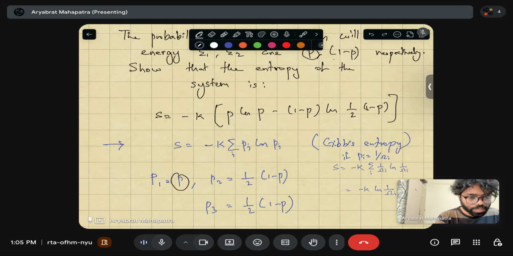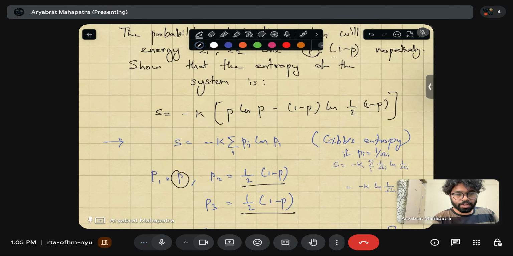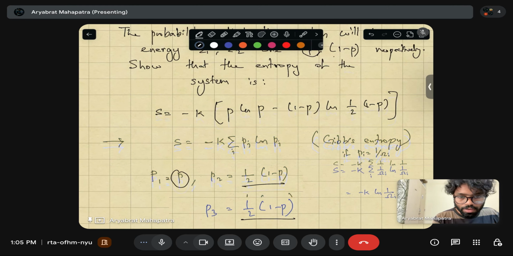There are two such energy states with epsilon 2. That is why it is half of 1 minus p and half of 1 minus p. If it is not clear, please let me know.